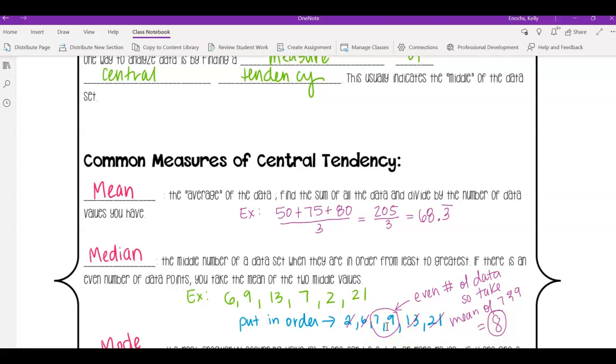So I took my 7 and my 9 and found the mean of that. 7 plus 9 divided by 2 is 8. So that gives me a median of 8 for this data set. Again, if there was an odd set, then there would be exactly one number in the middle. So mean is for a really nice set of data. Median is for kind of a wonky set of data or just another middle number that you need.